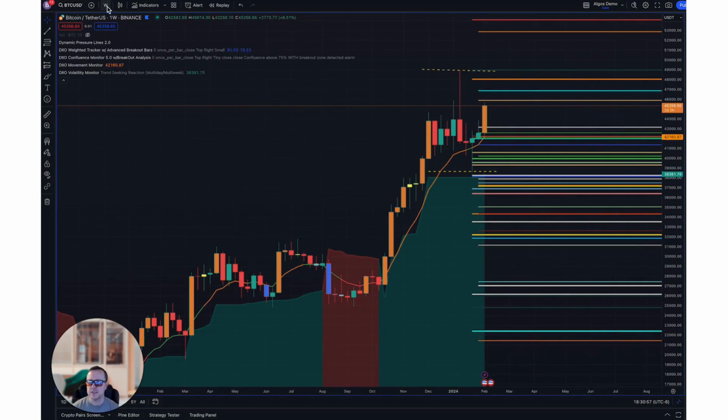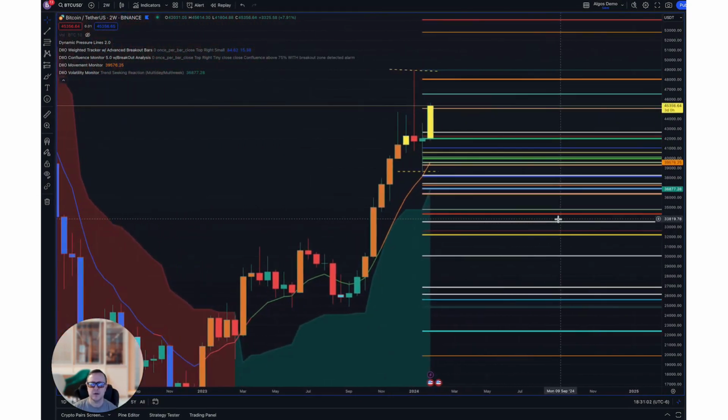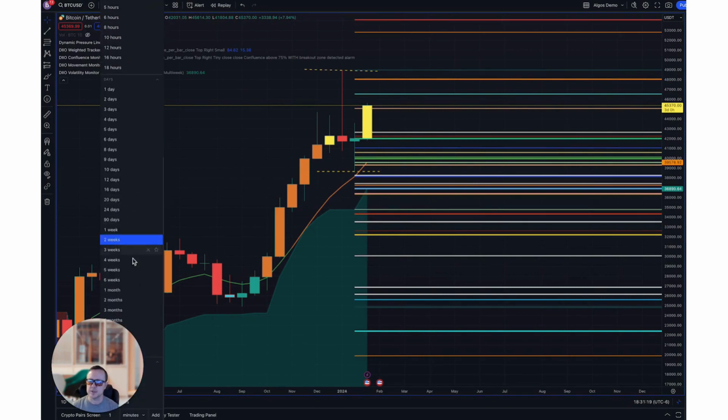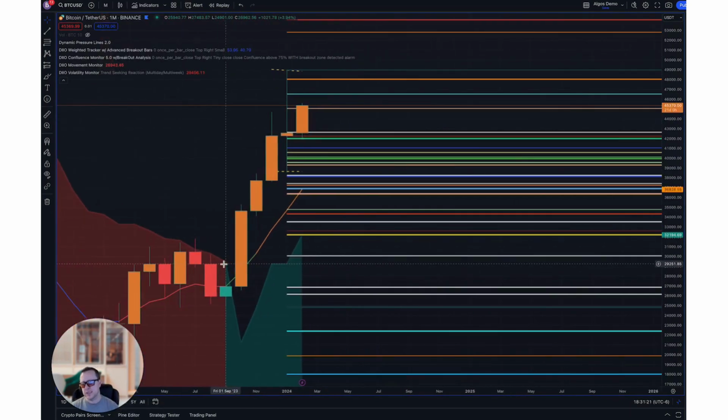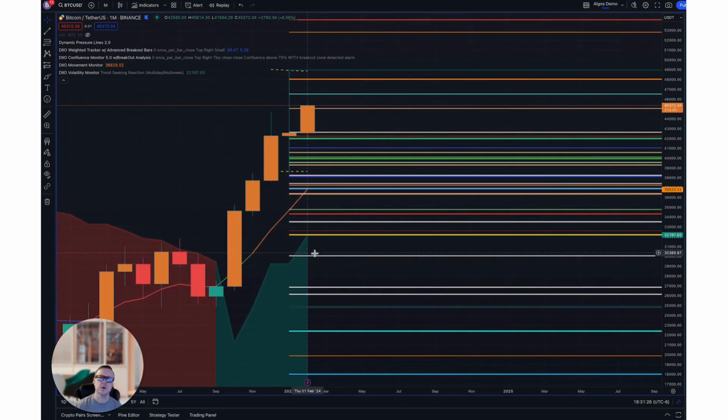Again, for volatility specifically. If I show you what the volatility cloud might look like on the 2 week, even from the perspective of this could be a wick, this just goes to show you that right here, around 37,000 is where it's at. If I look at something larger, like what is possible, not probable, but possible from a volatility perspective, what could a wick take us to in a moment of extreme down pressure with crazy bearish news, right?